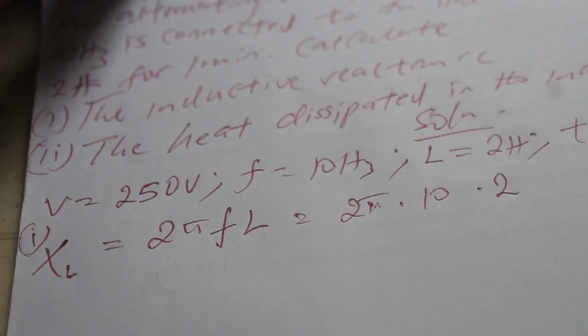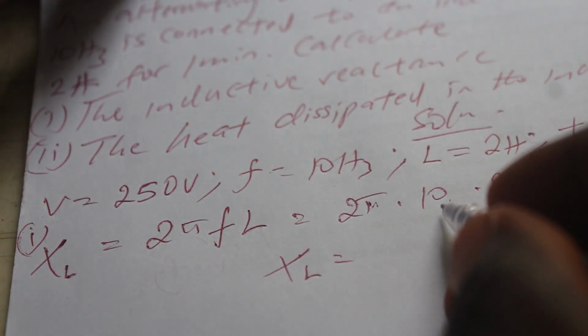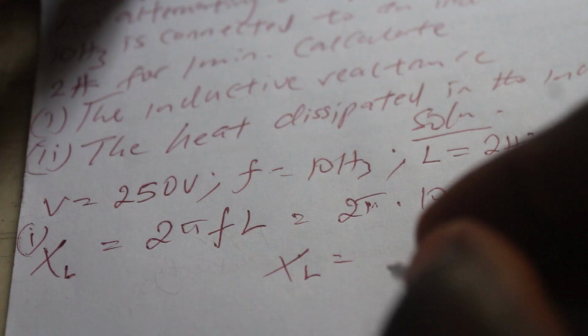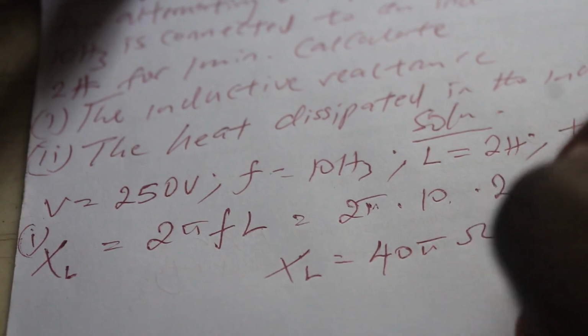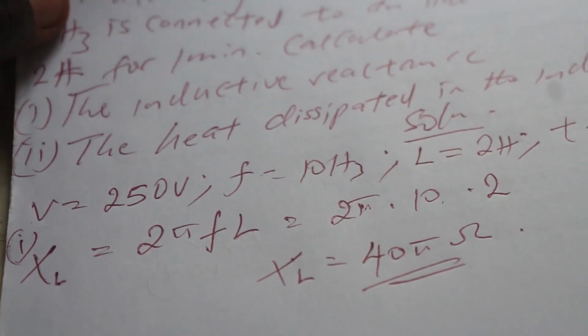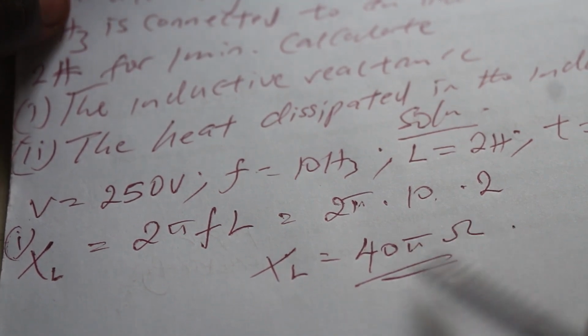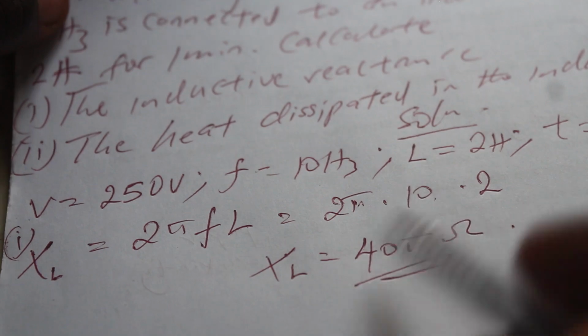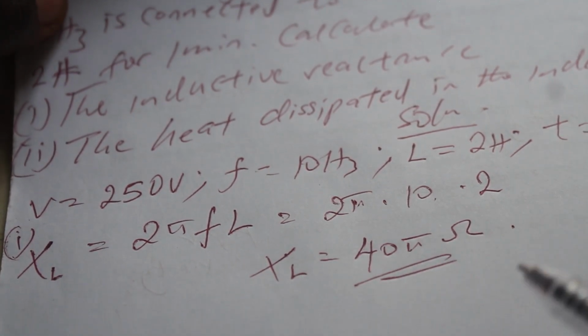So that means XL becomes 2 times 10 is 20 times 2 is 40. So we have 40 pi ohms. Of course, if you multiply this by the value of pi, you should get a completely numerical value of inductive reactance. So let's go to the second one.